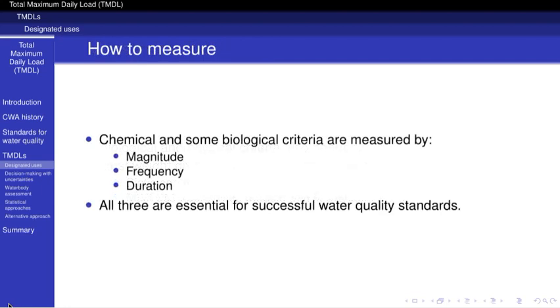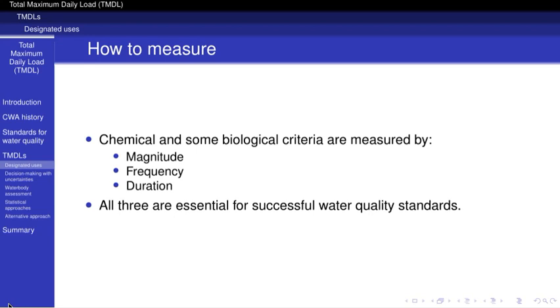All chemical criteria and some biological criteria should be defined in terms of their magnitude, frequency, and duration. Magnitude should be the 95% confidence limits of natural variability of a constituent at all seasons and typical water levels.